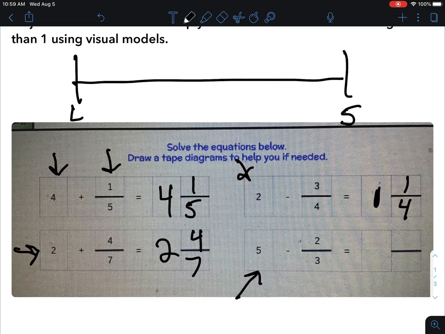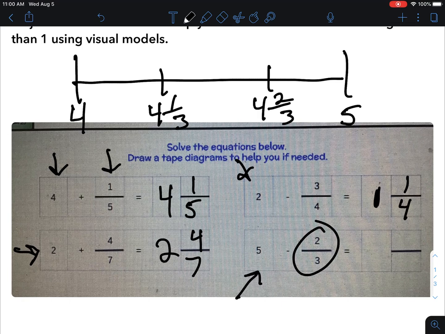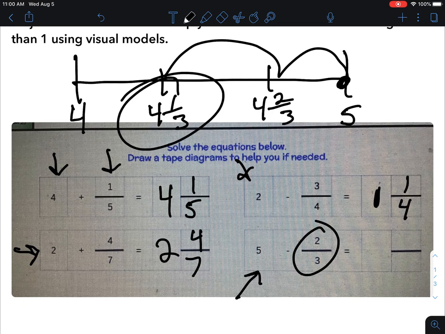It's 4. So then if I'm taking away 2/3, I want to divide my number line into thirds. 1/3, 2/3. So that's 4 and 1/3, 4 and 2/3. So I start at 5 and I take away 2/3. And I end up at 4 and 1/3.